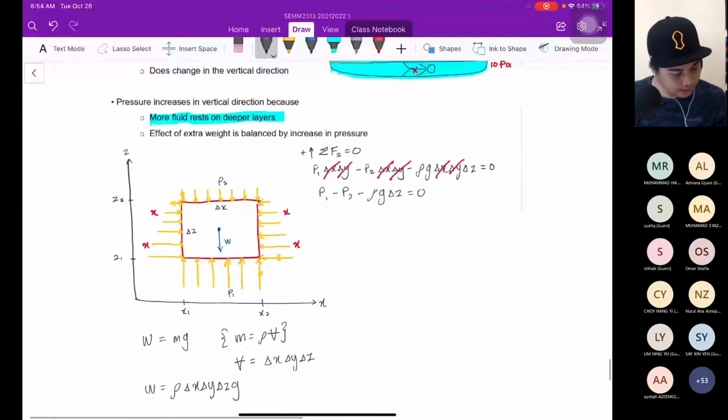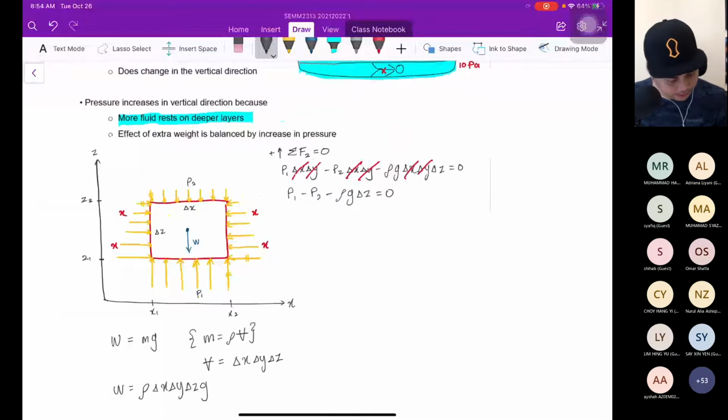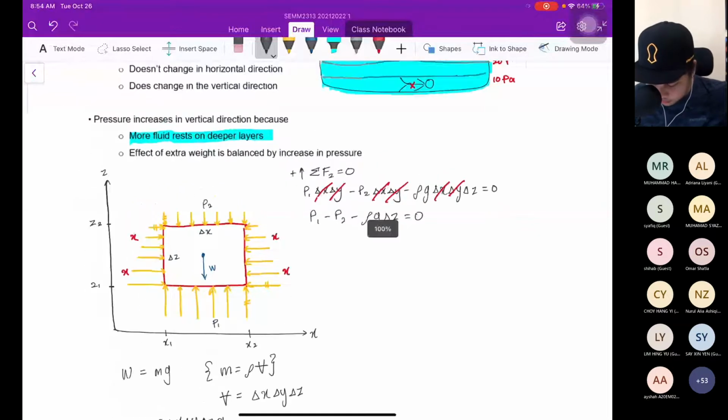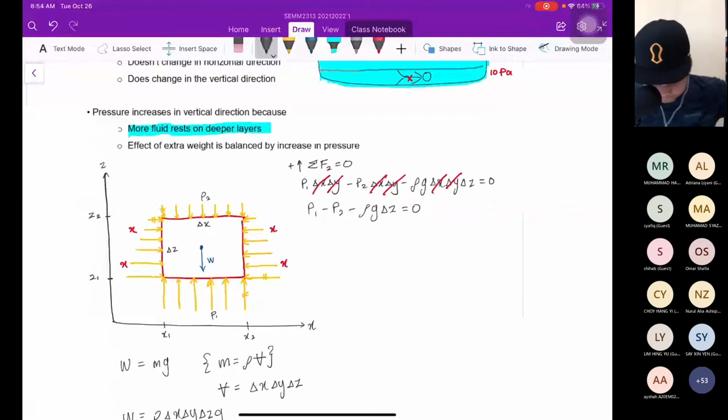So from here, I want to rearrange. I want to make sure that P2 becomes the first one.